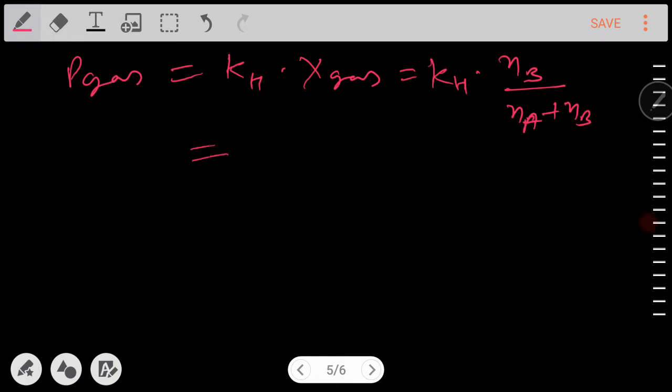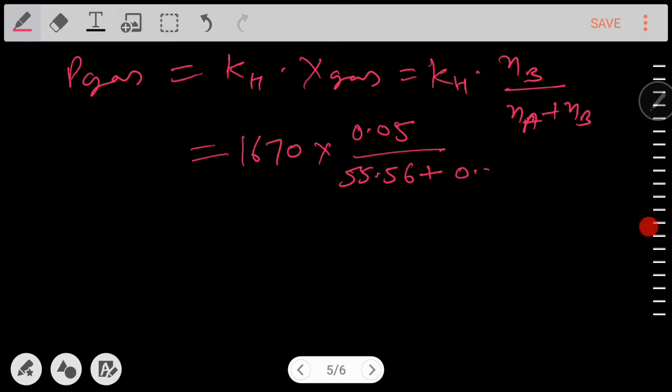We know the value of KH, that is 1670 bar, into the number of moles of solute 0.05 mole, upon the number of moles of solvent 55.55, which on rounding off becomes 55.56, plus Nb again 0.05.